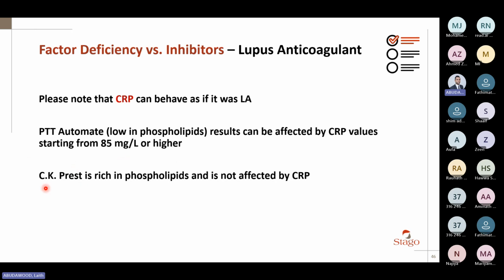Whereas CKPRIS will probably be normal because CKPRIS is rich in phospholipids, making it insensitive to CRP or to lupus as well. So CKPRIS is very poorly sensitive to lupus. PTT Automate is very highly sensitive to lupus and to CRP because in the context of APTT, CRP and lupus anticoagulant function very similarly. Okay? Not biologically, but in the context of APTT.